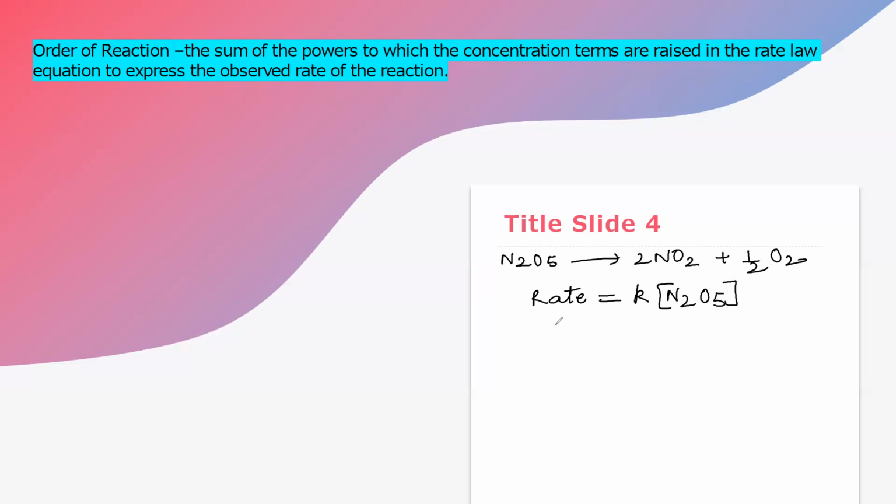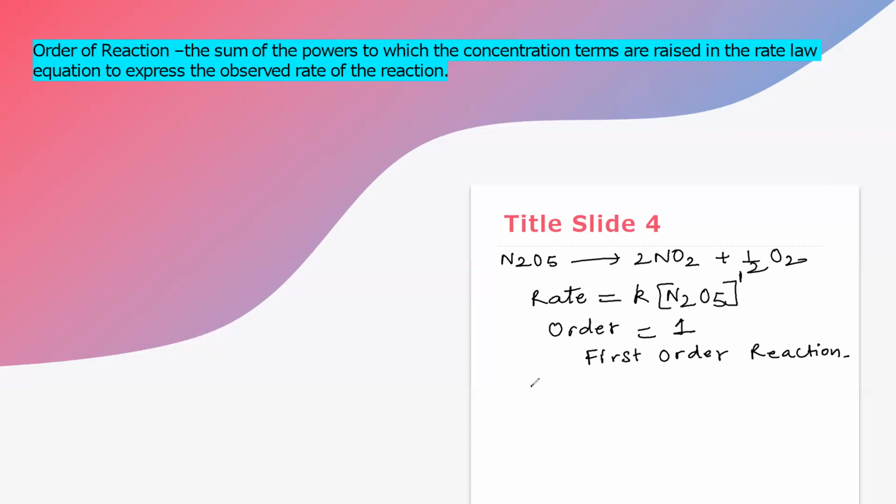So what would be the order of the reaction? So this is raised to power 1. There is nothing written, so there is a 1 here. So order is 1. So this is known as a first order reaction.